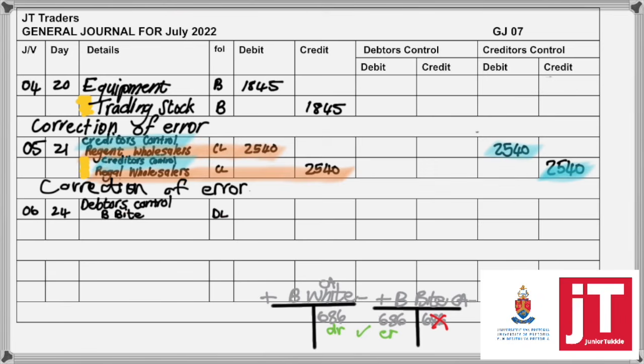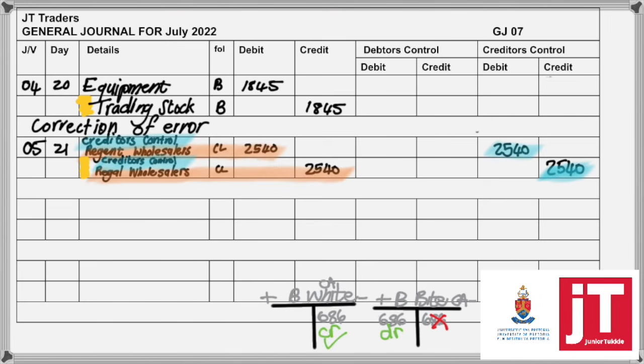We posted to the wrong debtors account. So that was the incorrect entry. So we have to debit Byte's account and credit White's account. So debtors control is involved. There's a double posting entry.